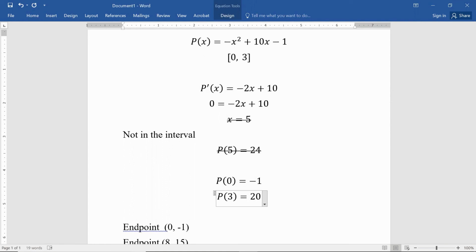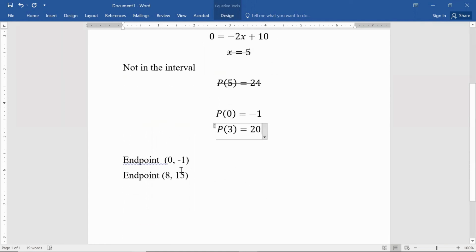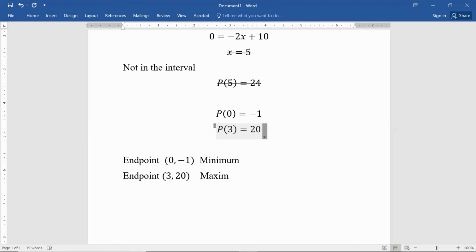So my two endpoints here are (0, -1) and (3, 20). Since I only have two options to pick from, the one with the smallest output value is going to be my minimum. The one with the largest output value is going to be my maximum.